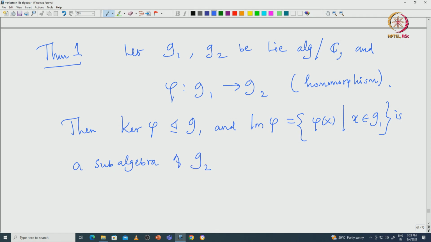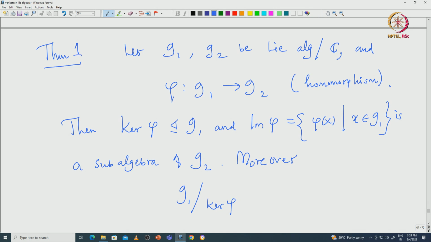Moreover, when you take the quotient by the kernel, G1 modulo the kernel, we know from vector spaces that G1 modulo the kernel must be isomorphic to the image of phi as vector spaces.